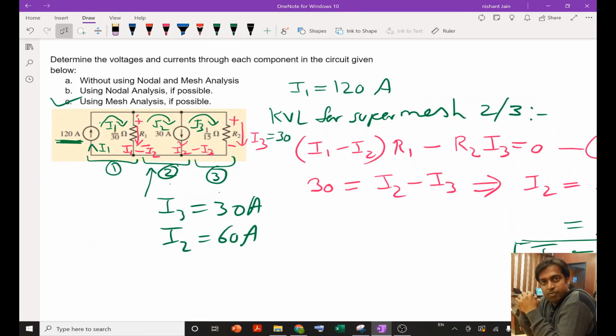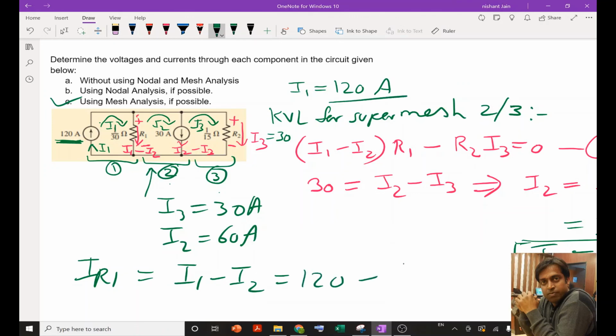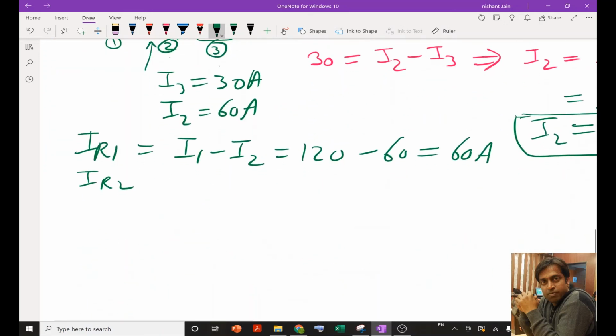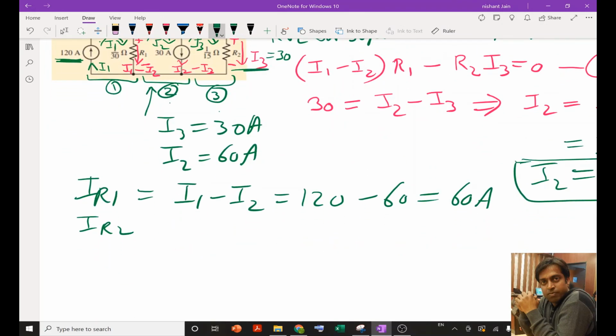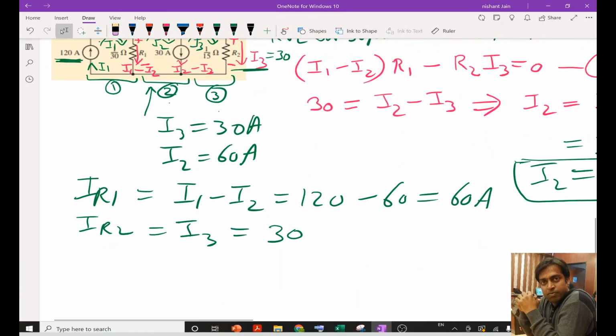So the current through R1 is I1 minus I2. I1 is 120, I2 is 60, so I get 60 ampere. IR2, the current through this R2 resistor, is I3, so the current through resistor 2 is 30 ampere.